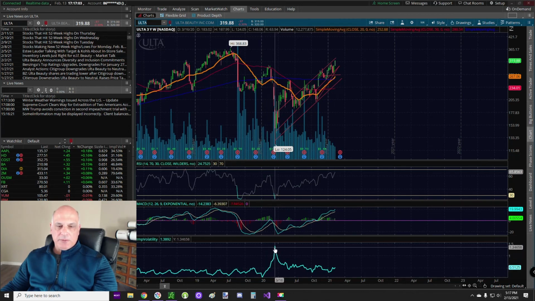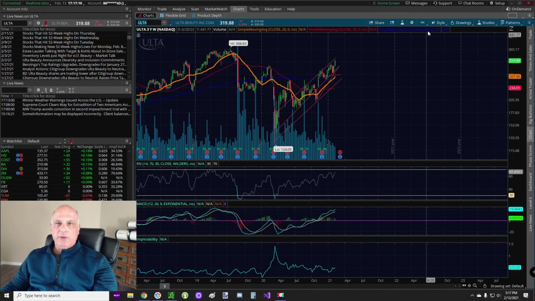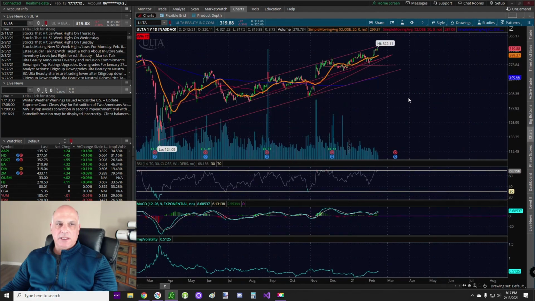You can see again that spike due to COVID-19, so it's going to throw off some of the IV rank numbers for us. This is the weekly chart. If we switch to the daily chart, it's showing the IV rank is 17%. Again, that's going to be skewed because implied volatility was so high back in last March. So the current implied volatility is around 50%.